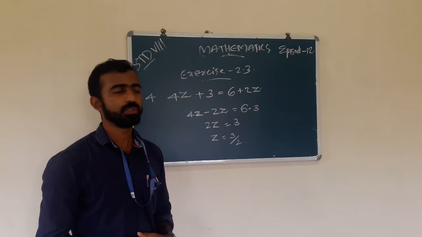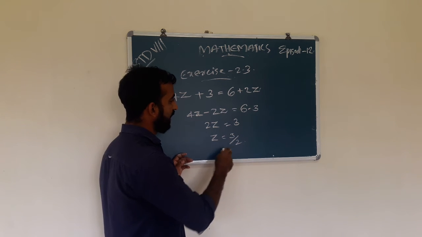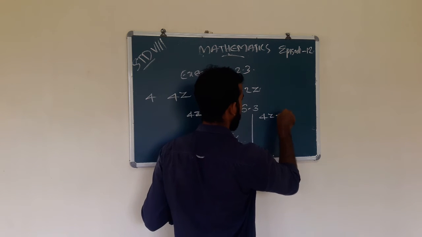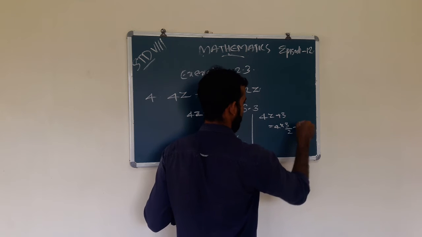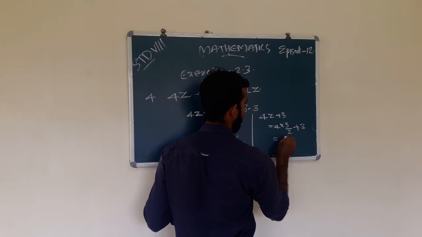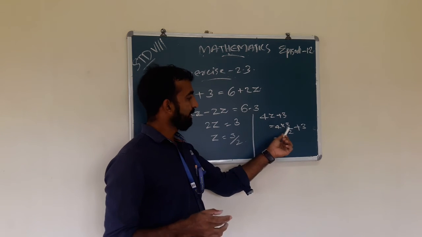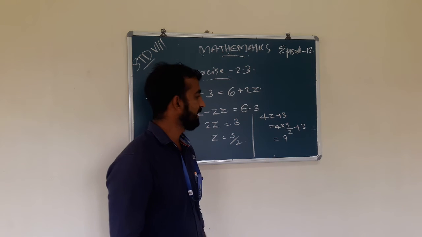Any doubt? When we give z as 3 by 2, we can check 4z plus 3 equal to 4 into 3 by 2 plus 3. We simplify 4 by 2, that is 2 into 3 is 6, 6 plus 3, we get 9.